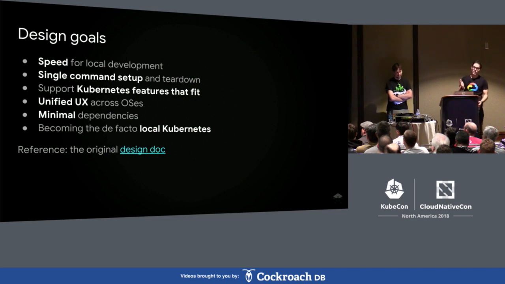The design goals were to have a speedy local development experience with a single command setup and teardown, fit all the Kubernetes features that make sense, have a unified user experience across the major operating systems, introduce minimal dependencies, and become the de facto local Kubernetes solution.